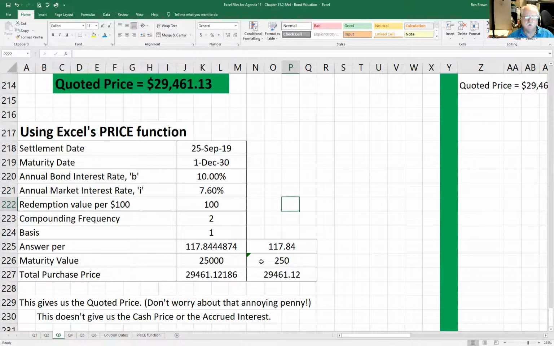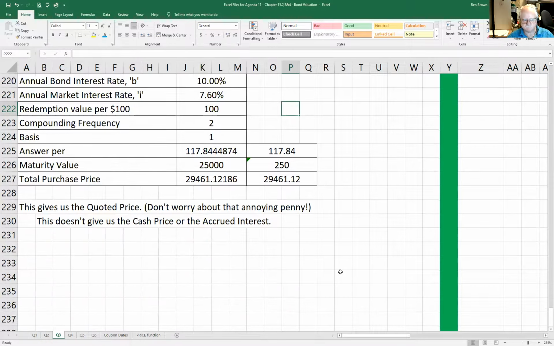117.84. We multiply it by 250, and we get this 29461. But amazingly enough, this calculation gives us the quoted price. This doesn't give us the cash price, and it doesn't give us the accrued interest.